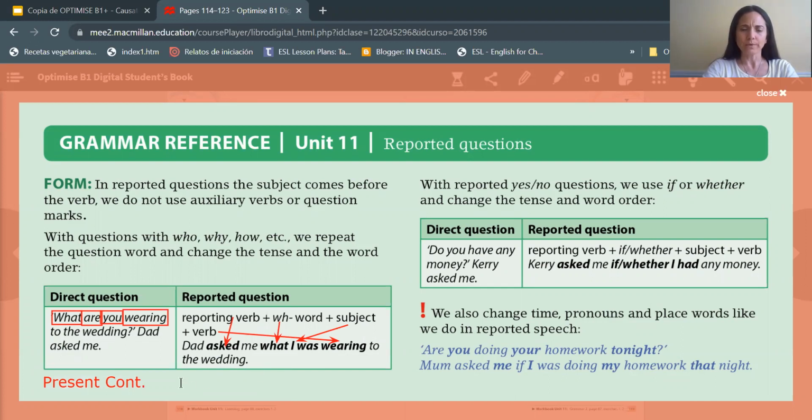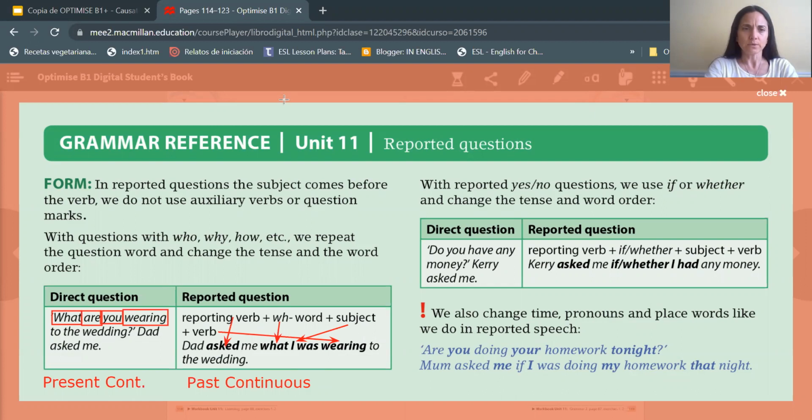What I was wearing. The tense is past continuous. Why is this? Because we are repeating something that somebody else said before. Remember that when we are reporting, we always go one tense backwards, and the past of present continuous is past continuous. And as this is not the direct question, the word order also changes.